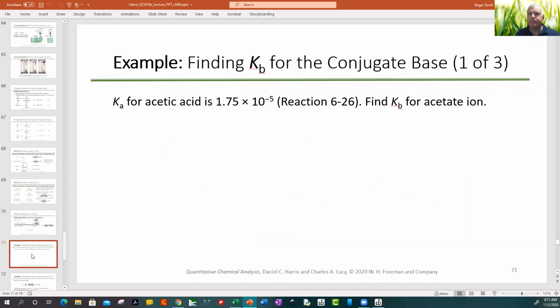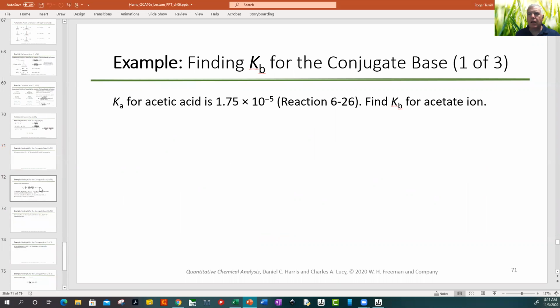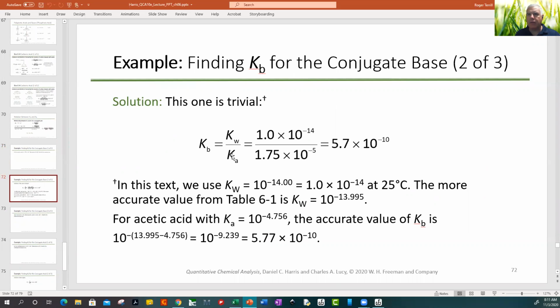So, to find Kb from Ka, all we do is we take Kw and divide by Ka. So it's like Ka times Kb is Kw. So take Kw, which for all practical purposes is 1.0 times 10 to the minus 14. That's the room temperature value, right?